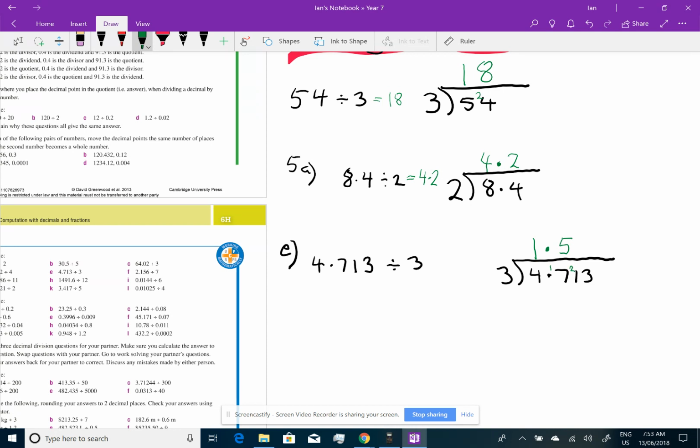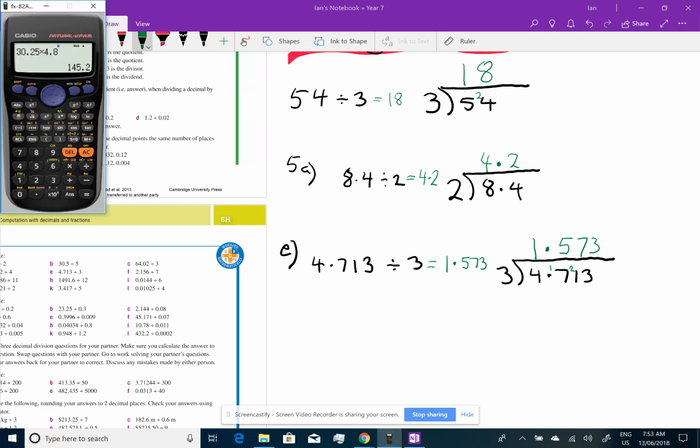Now that's 21 because of place value. 3 goes into 21 7 times. And then 3 goes into 3 once. So my answer is 1.573. Now I'm a bit worried about that.